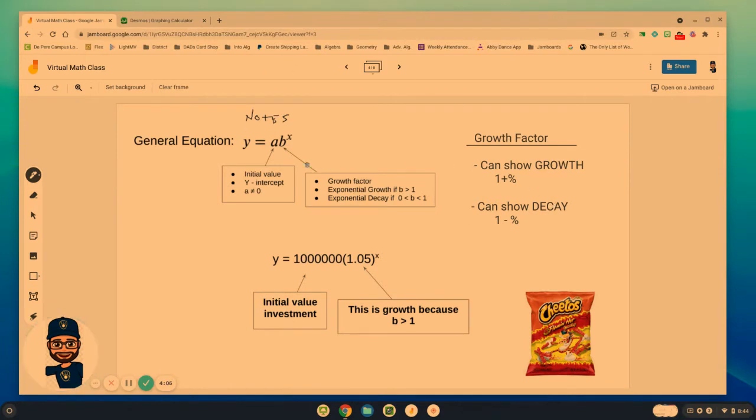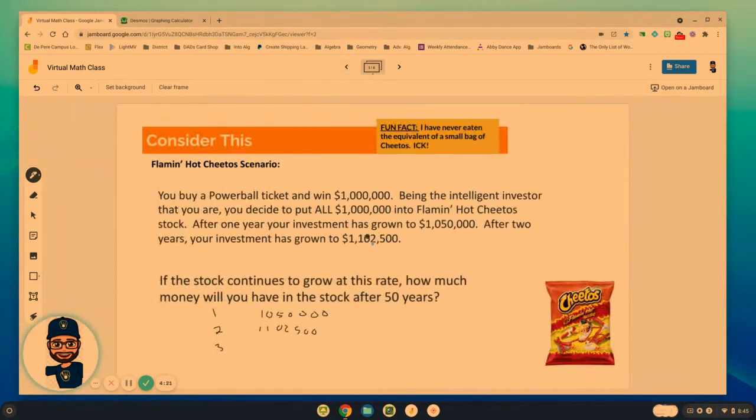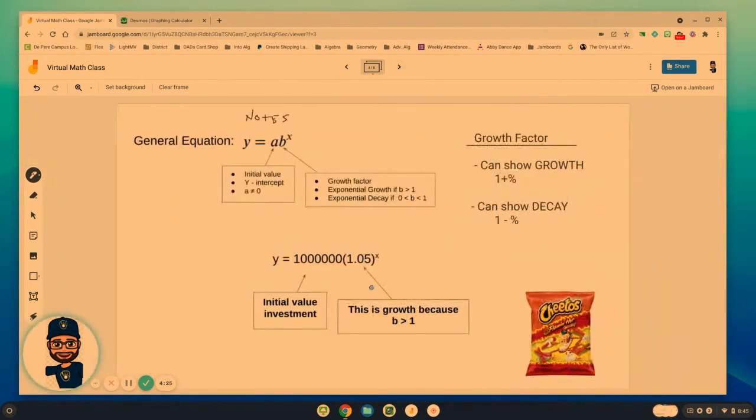Now, in order to help us with some of this, we can use the Cheetos example, right? Our initial investment was $1 million. There's our A value. And if you looked back and figured out what percentage it grew each year, right? Take the difference from year to year and divide by the original amount, you'd see that it rose by 5%, meaning this is 1.05. We're going to use a lot of percentages in these problems. If it's growth, 1 plus the percentage.